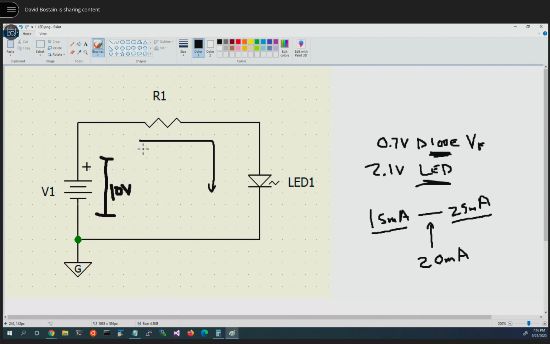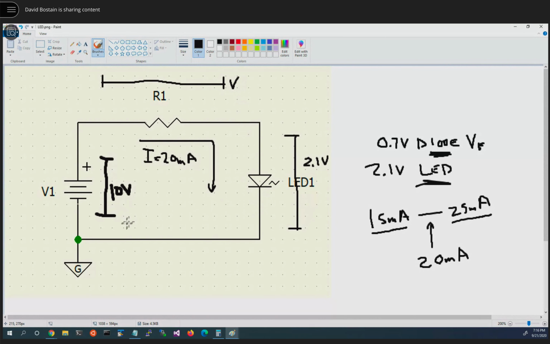So we know what I is here. We know the voltage drop across the LED because we've not been told anything else, and that's going to be 2.1 volts. In order to do the resistor value, we need the voltage that's right there.